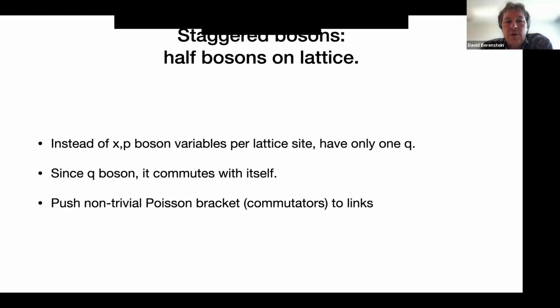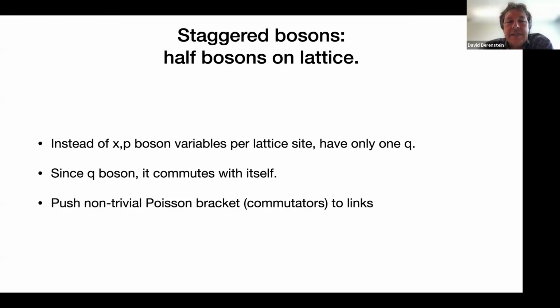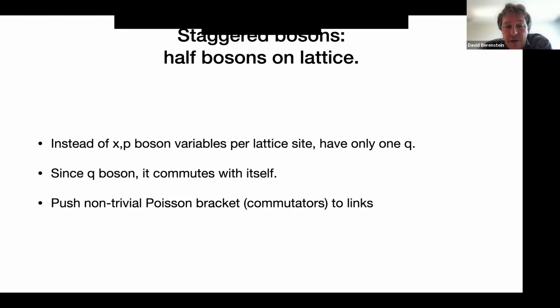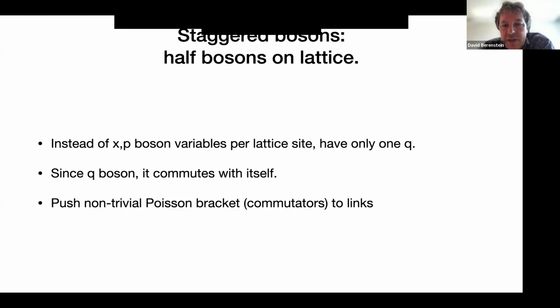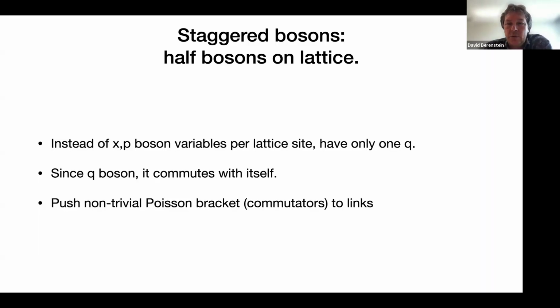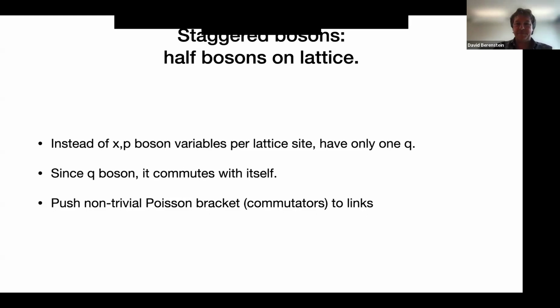So in order to have non-trivial commutators, if you only have 1 degree of freedom per lattice site, you need to have a non-trivial commutator with something else, and then you push the non-trivial commutators or Poisson brackets to the links of your lattice.